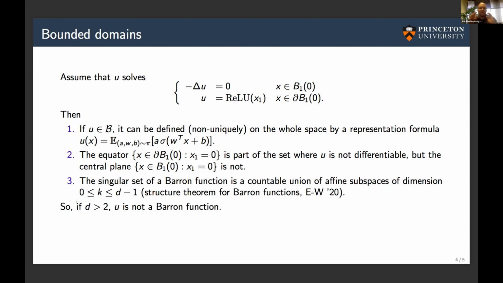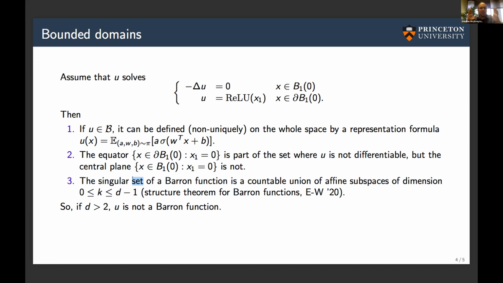And then there is a structure theorem for the singular set of functions of this form, which says that vaguely the singular set of a Barron function is straight, or a union of straight pieces. And this is a contradiction to what we already know about our singular set.